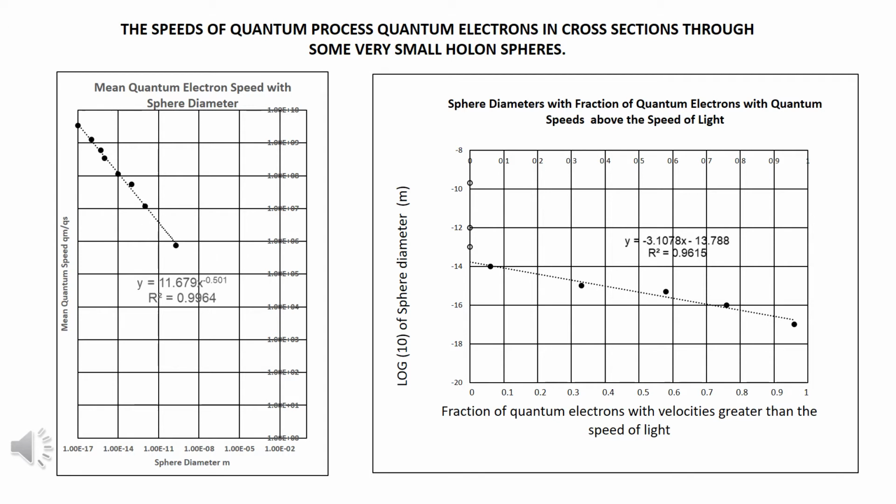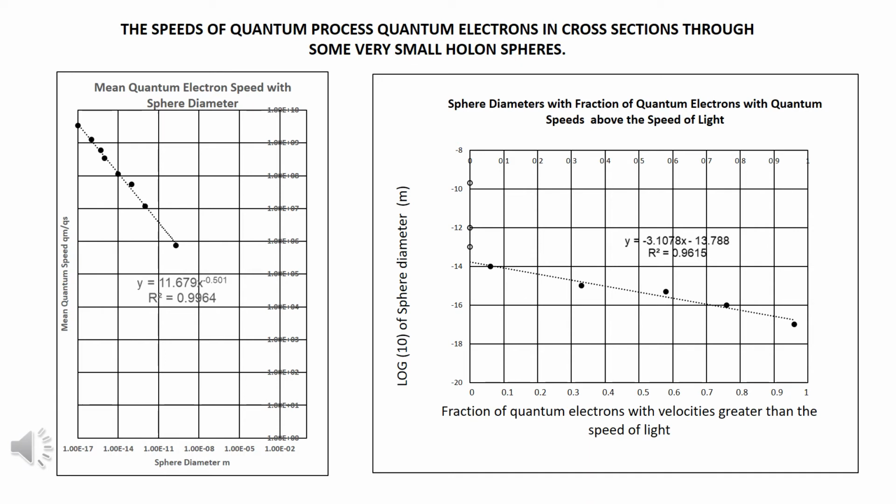But we can get a lot more information out of the graph on the right-hand side. It shows the fraction of the 100 quantum electron pairs in each holon that have speeds greater than the speed of light. Because of the huge range in cross-sectional distances, the holon diameters are shown on a log scale.